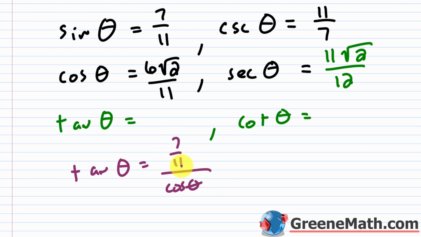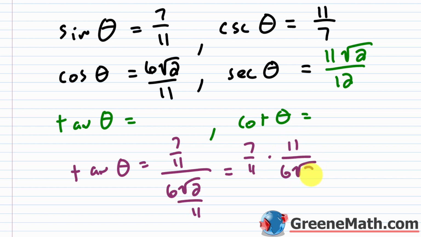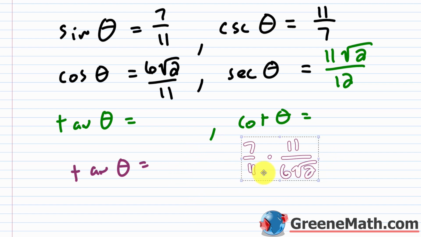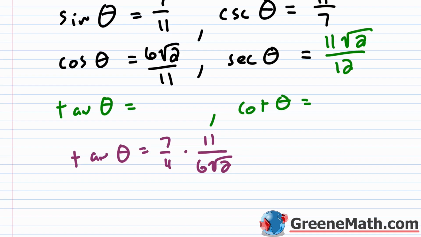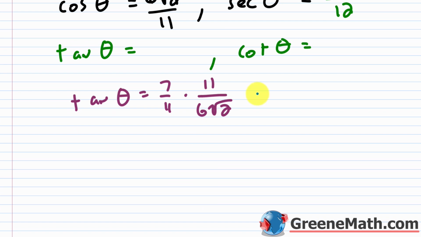So 7 over 11. For the cosine of theta, this is 6 times square root of 2 over 11. So this is 7 over 11 times the reciprocal of this, which is 11 over 6 times square root of 2. This is an 11 here, it's just poorly written. So let me make that more clear. This will cancel. So you have 7 over 6 times square root of 2.